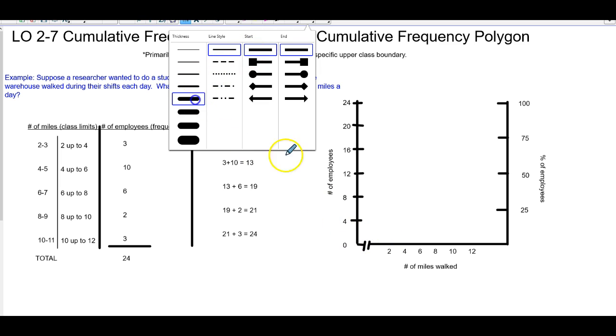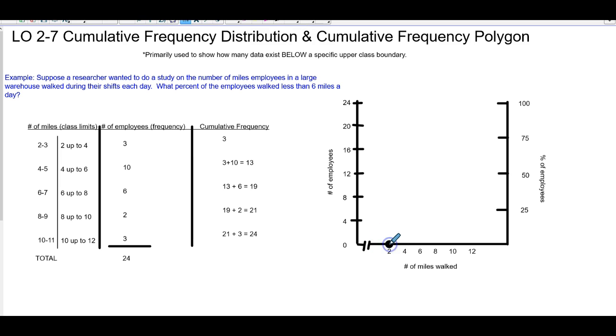As I said before, we are going to start and anchor our cumulative frequency polygon at 0, 2. Then we want to know how many employees total did up to 4 miles, and that would be 3. The next one is 6 miles, and we have a total of 13.